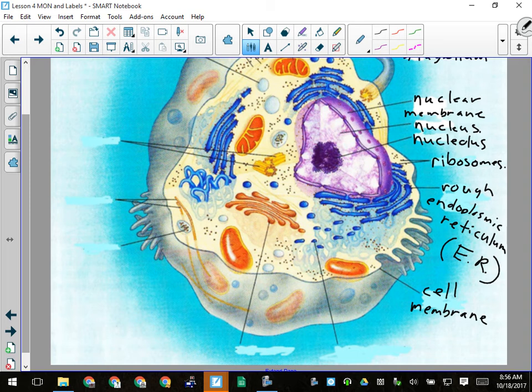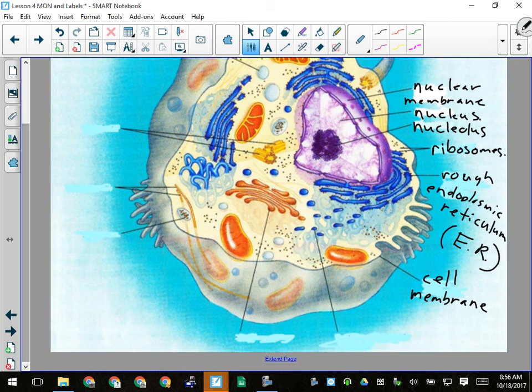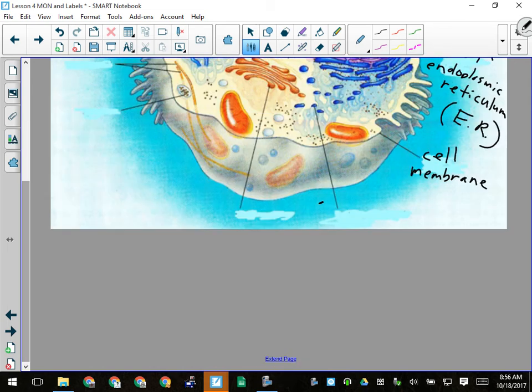All right, so this blue stuff that doesn't have any of the dots on it is similar to the rough endoplasmic reticulum, except in comparison it looks smooth. So this is the smooth endoplasmic reticulum, and again, you can call that ER.